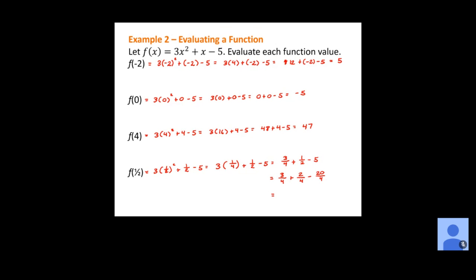All right. So now we can combine all of those. So again, we're just going to add and subtract the numerators, keep the common denominator. So we have 3 plus 2 minus 20. What would that give us? Negative 15 in the numerator. And then we have all of that over 4. And so this right here would be f of 1/2.